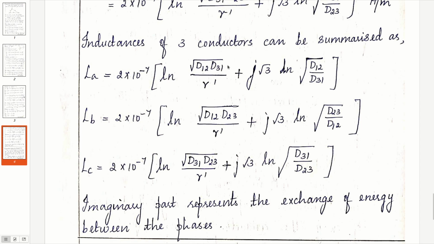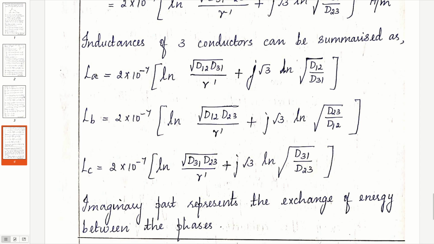So if the distances are unequal, we will not get the same value for LA, LB and LC. Okay, and since the inductance of all the 3 conductors are not the same, you cannot expect same voltage drop across the 3 lines. Okay, so the voltage drop also will be different.